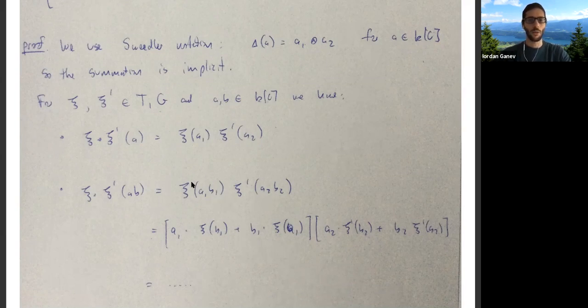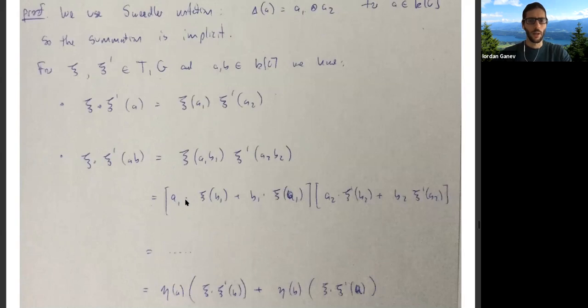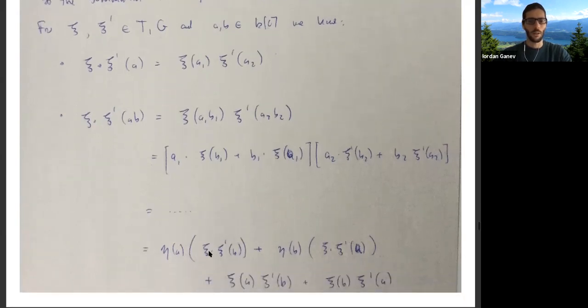But now we use the fact that each of these is a derivation. So we get A1 times xi of B1 plus B1 times xi of A1, and then similarly for xi prime. So I skipped the steps here, all the ugly computations, but I can just tell you what you need to use.